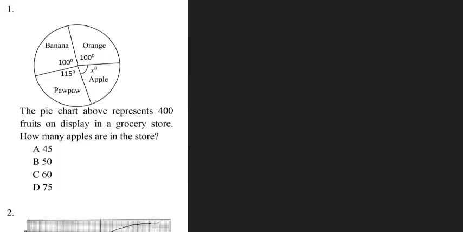That's the degree of apples. The first thing to note here is that the sum of angles in a complete circle is 360 degrees. So the first thing to do is to get the degrees of apples, then we'll convert that degrees into number of apples.